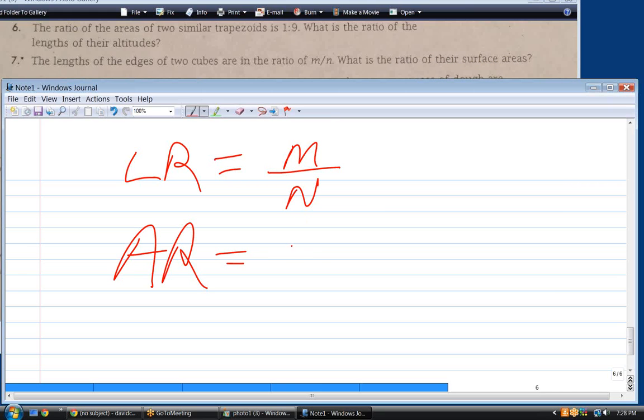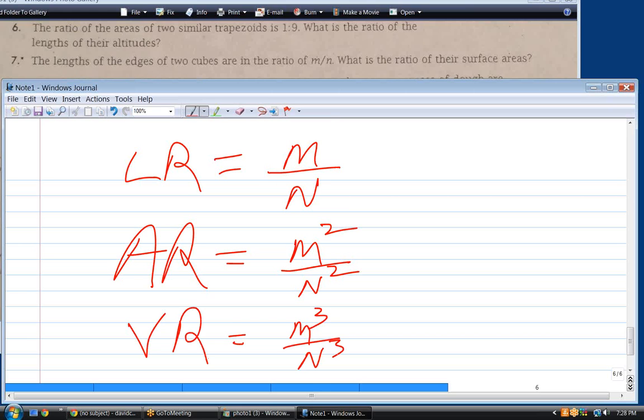There you go. You don't have to have numbers. It's this. That's the area ratio. If I could turn it into a volume, my volume ratio would be this.